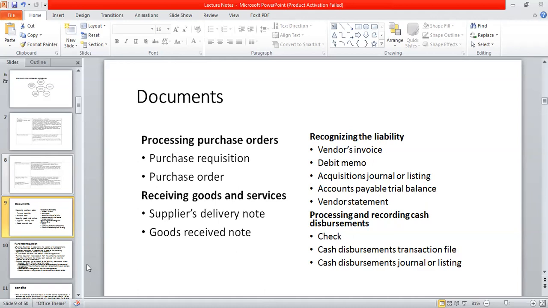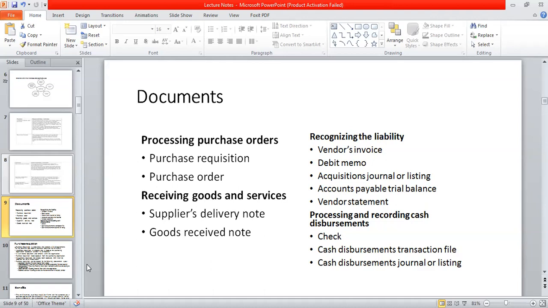So in the processing of the purchase order, there are two main documents which are being used: the purchase requisition and the purchase order. The receiving of goods and service function usually deals with two documents: the supplies delivery note and the goods received note. Then we have the recognizing of the liability function.